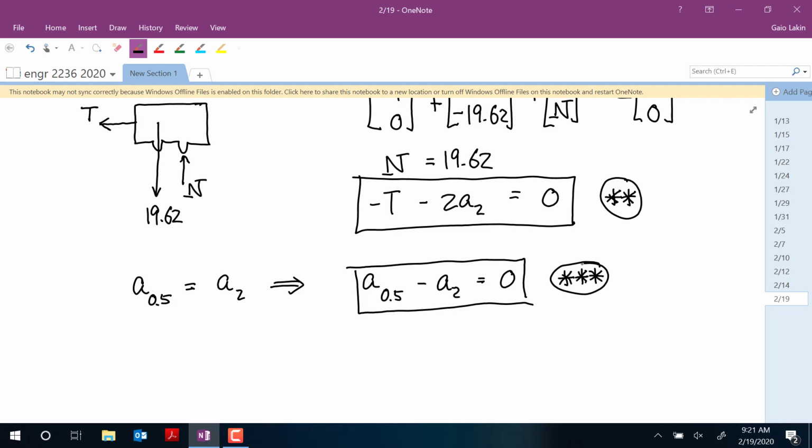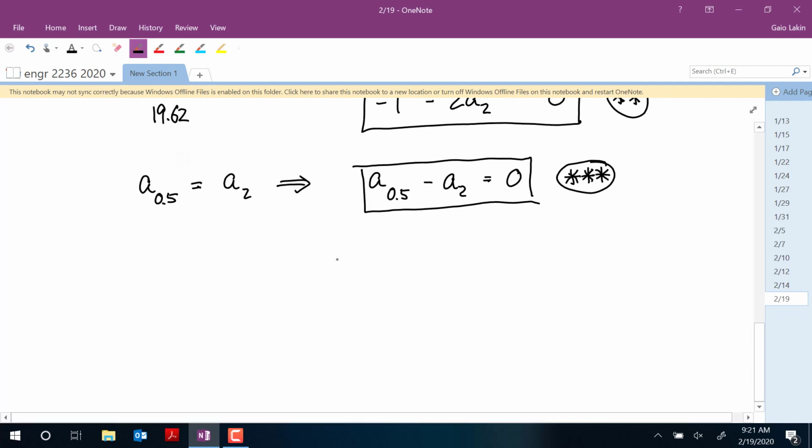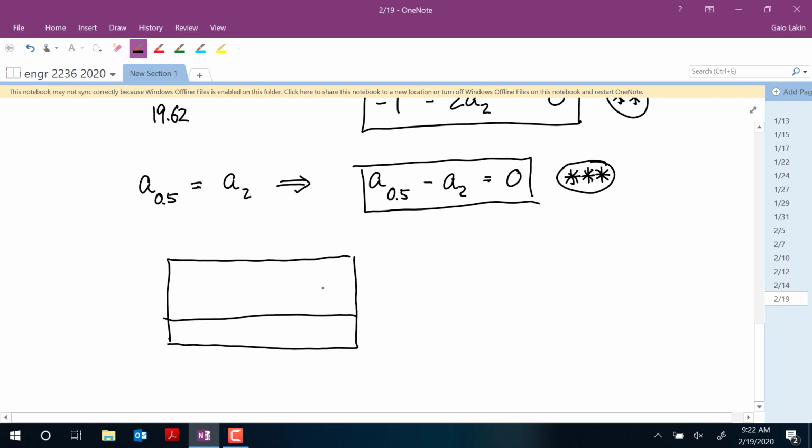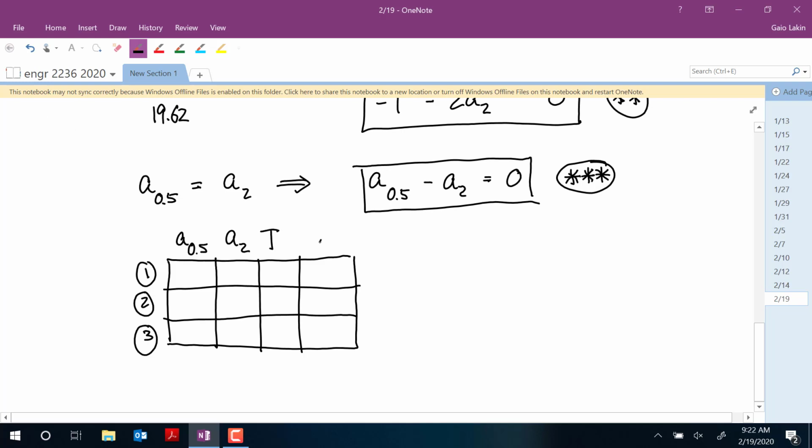We're not going to get any big systems of equations yet. So if you solve this by substitution, we have 3 equations, 1, 2, 3. We have 3 variables, a0.5, a2, T, and then we have the constants.